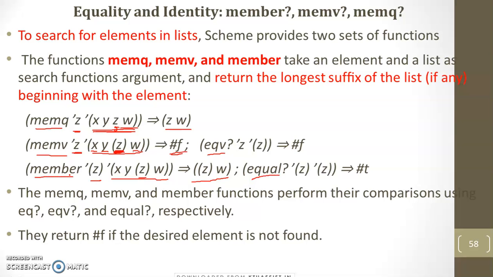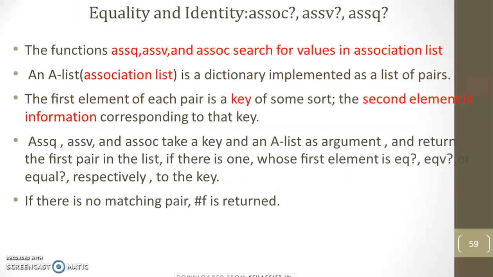If the search function member is used, it uses the construct equal to identify the elements. So this is the difference between these three functions: MEMQ makes use of EQ, MEMV makes use of EQV, and member makes use of equal for comparison. If the element is not found, it will return false.